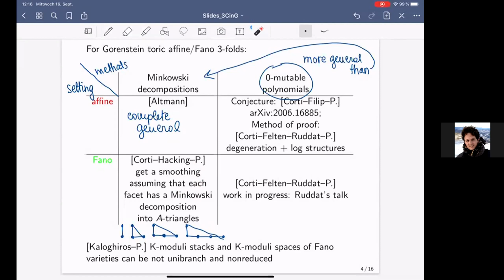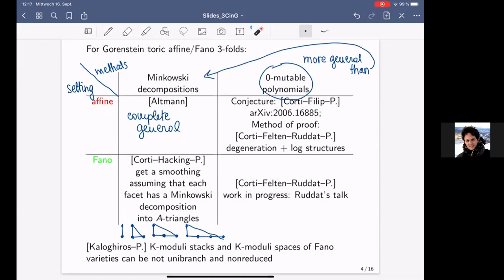which is the result due to Namikawa, which says that if you have a Gorenstein Fano, so a Fano threefold with Gorenstein terminal singularities, this is smoothable. So in other words, a Fano threefold with ordinary double points is smoothable.